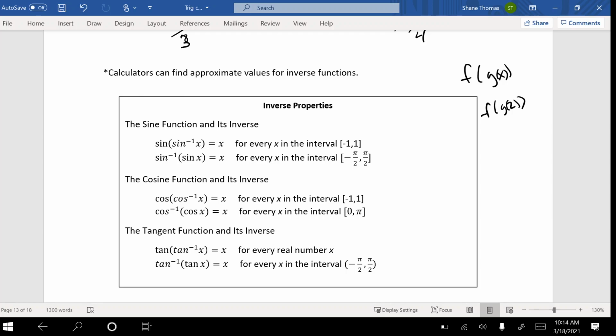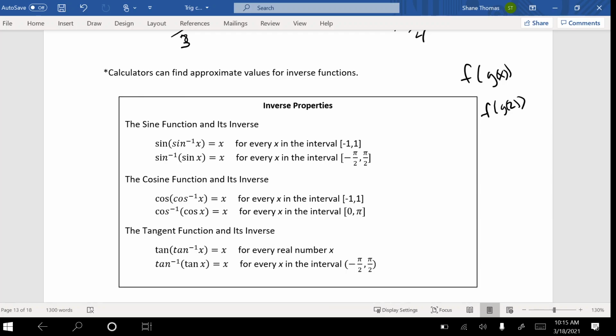When inverse sine is on the outside, I have to go by the same interval that I just did before. Same way with cosine. When cosine's on the outside, I'm going to be on that negative 1 to 1 interval. When I have the inverse cosine on the outside, I have to go by the rules we just talked about, where it's from 0 to pi.